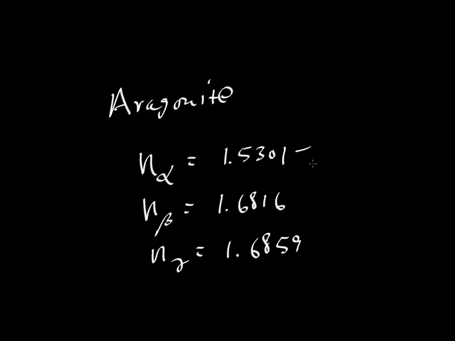So we have a low here and a high of this value here. This represents the three different crystallographic directions in which light can be propagated. Again, those won't necessarily match precisely the ABC directions. They could be different, they could be the same. In aragonite, they will be different, but we will have a range of values for n, from a low of 1.5301 to a high of 1.6859.